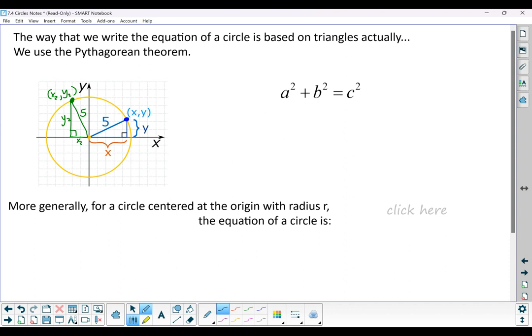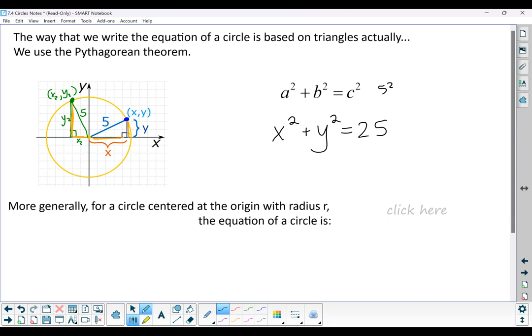So for this, the circle is all of the points such that the x coordinate squared plus the y coordinate squared. I'm just thinking about the two legs of that right triangle, no matter which right triangle it is. If I square each of those and add them together, that has to equal the radius squared. And for this circle, the radius is 5, so we would have 5 squared, which means we would have 25.